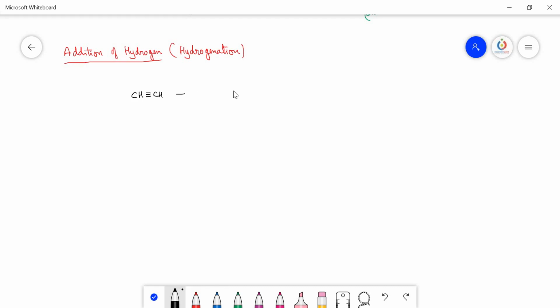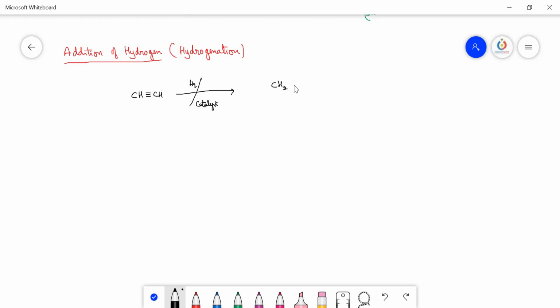You take an alkyne and subject it to hydrogen in the presence of a catalyst. This catalyst varies, which we shall discuss now. Once 1 mole of hydrogen is added, one hydrogen on one side, another hydrogen on the other side, and one bond breaks.